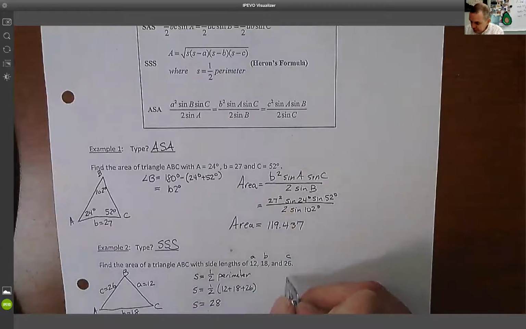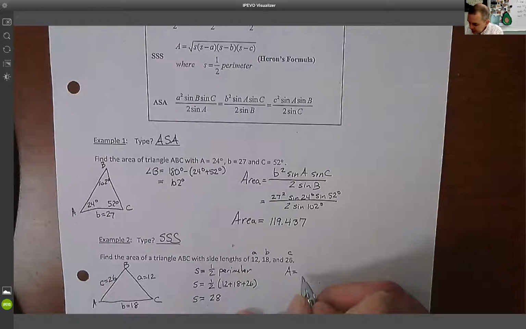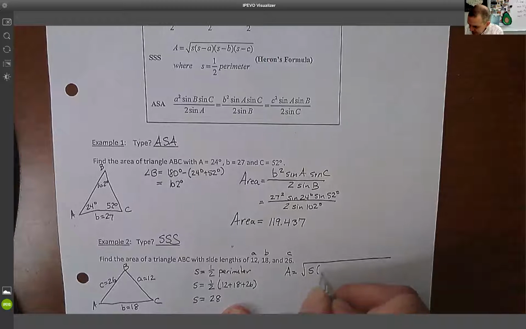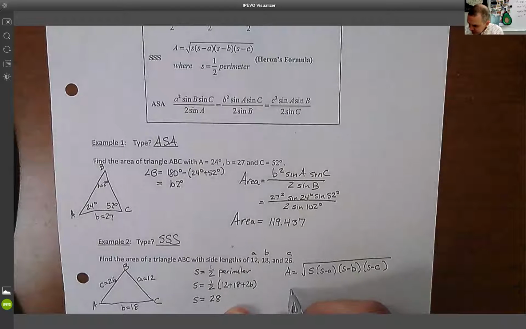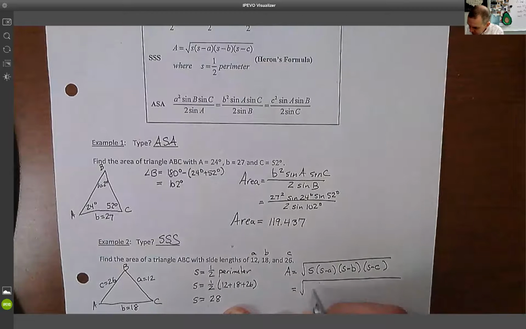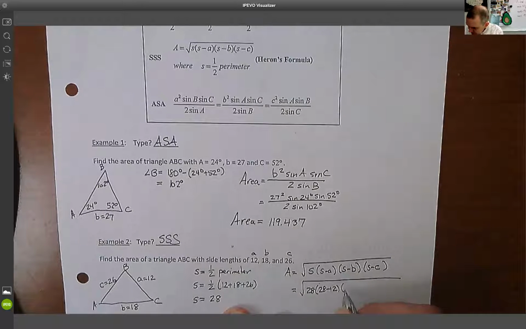Then we use the formula: area equals the square root of S times S minus A times S minus B times S minus C. So area equals 28 times 28 minus 12 times 28 minus 18 times 28 minus 26.